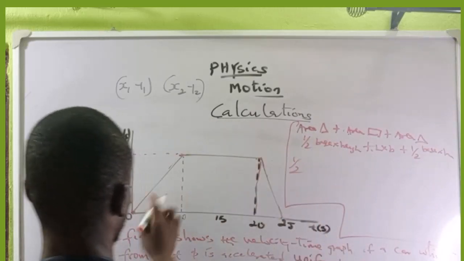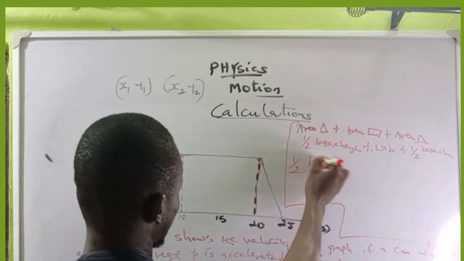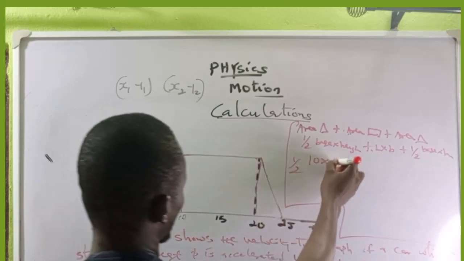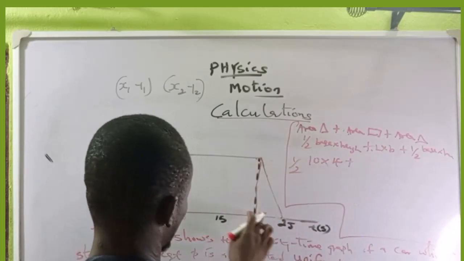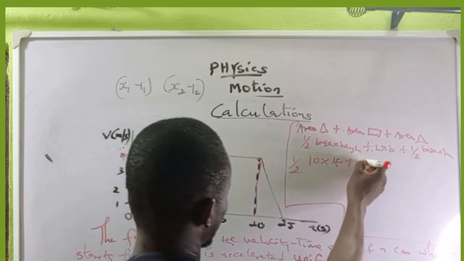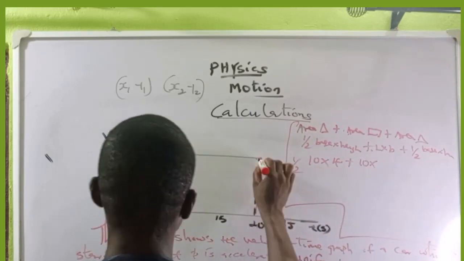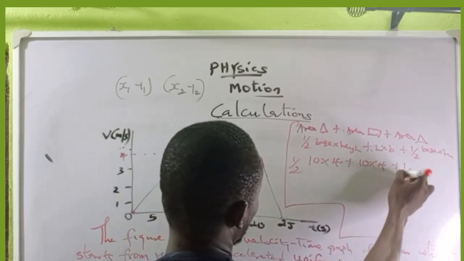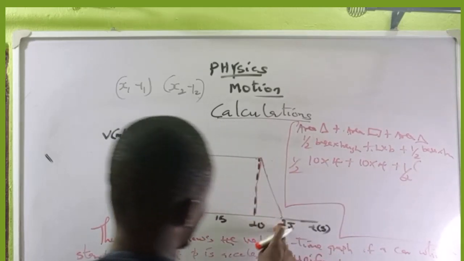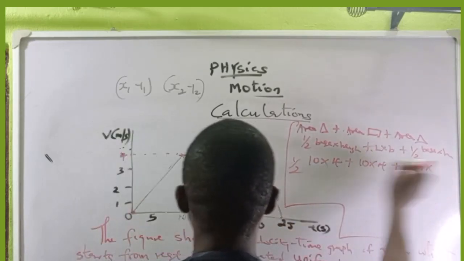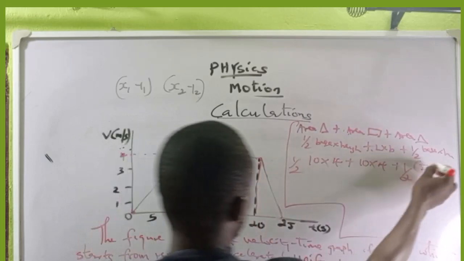Half, what's the base of this triangle? From here to here is 10. What's the height? Here to here is 4. Plus length from here to here, 10 to 20, is 10. What's the breadth? From here to here, which is 4. Plus half again, what is the base? 20 to 25 is 5. And what is the height? 4.